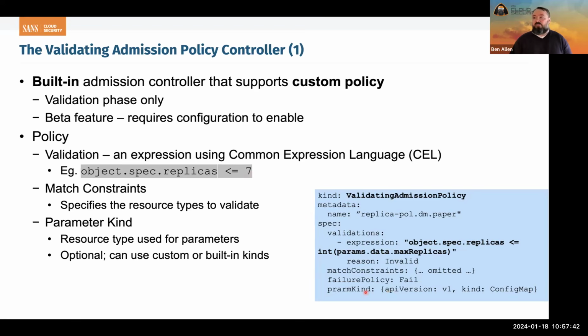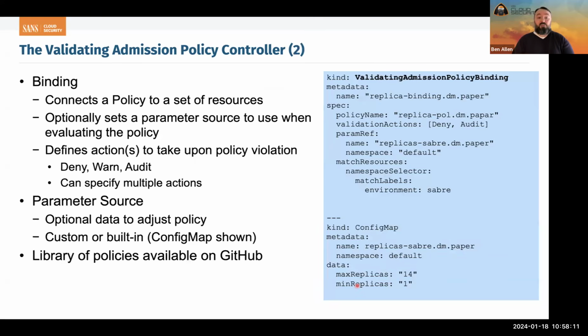We can put in parameters, say, hey, we'll get our parameters from a config map. We'll fail when this is invalid, and we've got this expression, and we can have multiple expressions in the validation in there. So really exciting built-in capability coming down the line. And again, it follows a similar pattern to how Gatekeeper works. We define a policy, and we say, here's where to get the parameters. And then we have a binding that says, hey, I want to bind this policy to resources that match this.